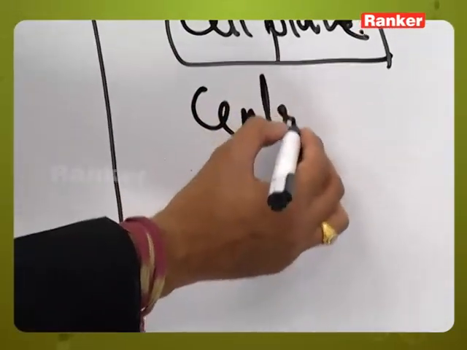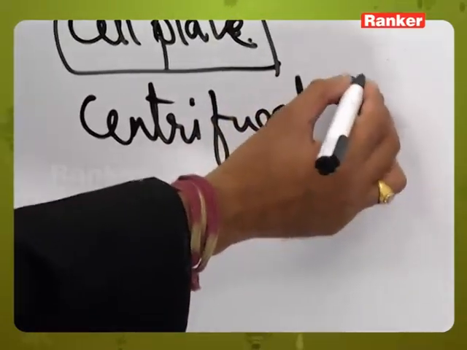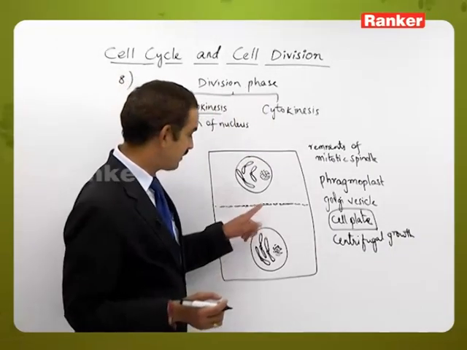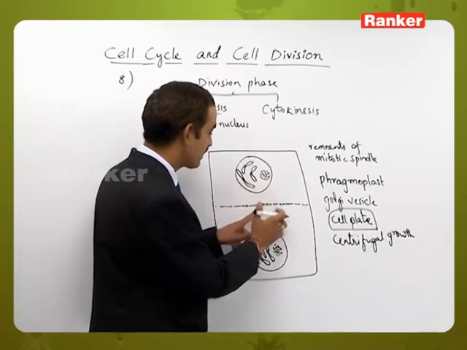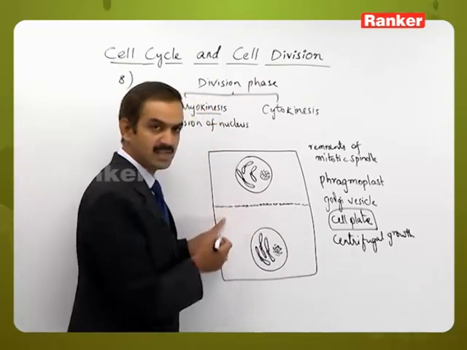So, we call this centrifugal growth. That is, it will start from the center and move towards the opposite poles, and they will touch the parental wall on both sides.